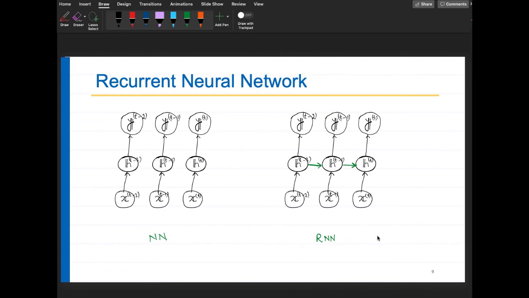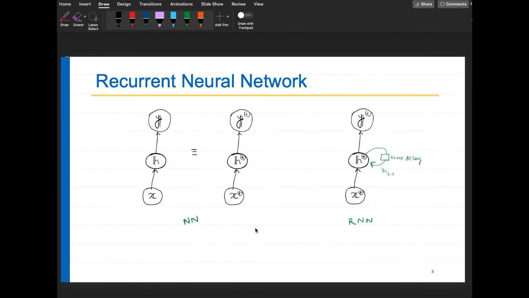So I have unrolled the network in time, right? I have my time t, but I have unrolled it to t minus 1, t minus 2, and so on. But if I want to represent it only in terms of t, then I can say my ht depends on ht minus 1 as well, if I have this time delay element. You've all studied this, right? Block diagrams and z to the power minus 1, in discrete time systems.